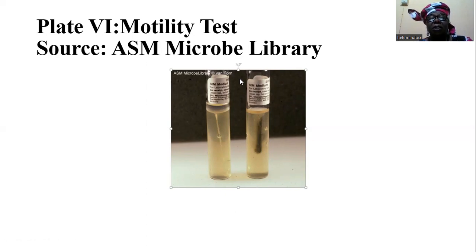If the organism is motile, as is indicated here, although this is the sulfide indole motility medium, evidence of motility is that there is no defined line of inoculation that can be seen at the initial inoculation of the organism into the motility tube. So the medium is cloudy, and then there's evidence of even hydrogen sulfide production.